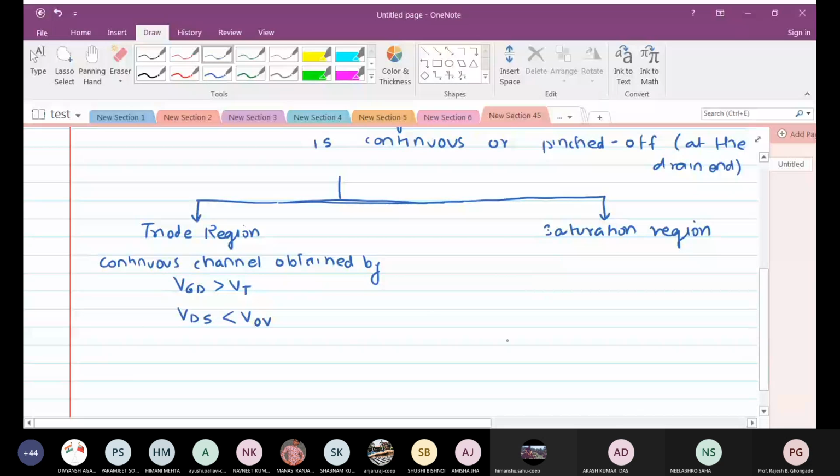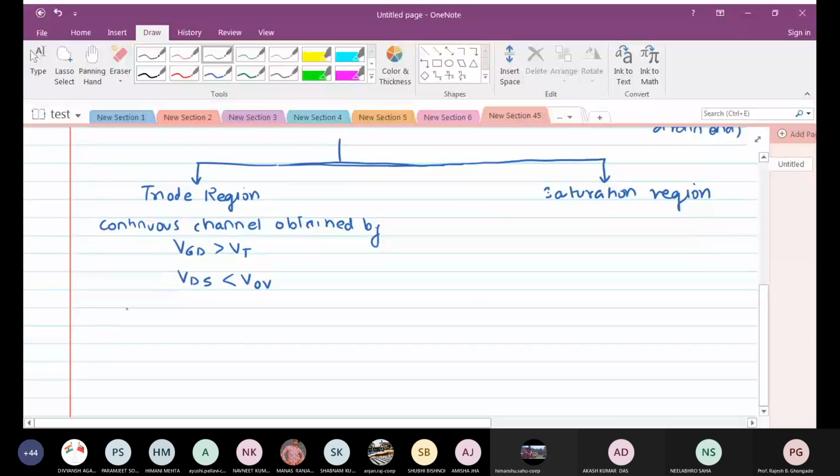Okay, now in triode region, the drain current has got a different equation, which is equal to K into VGS minus VT into VDS minus half VDS square. This is the relationship between the drain current and VDS, specifically in the triode region.